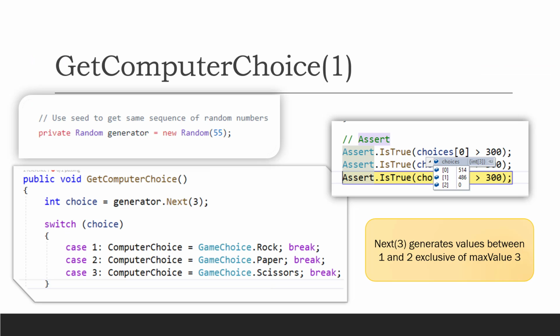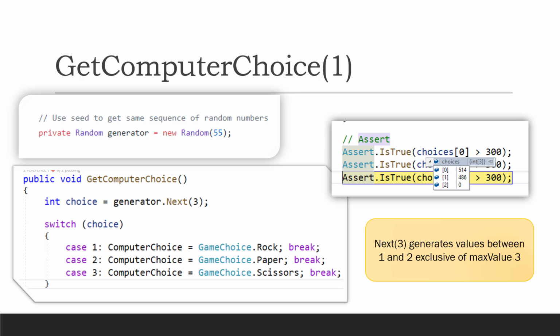The next thing we're going to test is that the computer can make a random choice between rock, paper and scissors. And it's rather difficult to test that, because every time we ask the computer to make a choice, it may make a different choice. What we want to know is, on average, will rock be chosen 33% of the time, paper 33%, and scissors 33% of the time.